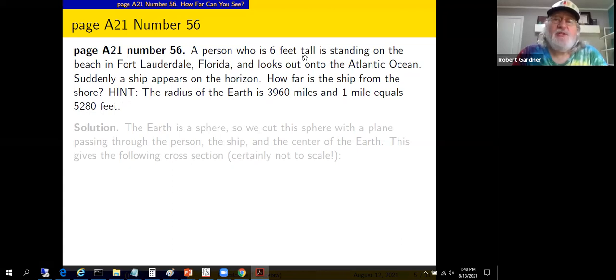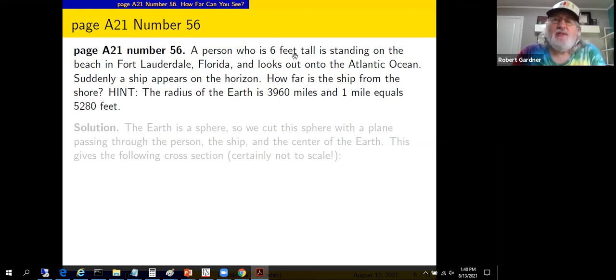So, the person is 6 feet tall. Horizon, Earth. We'll treat the Earth as a sphere. And we'll have to introduce a right triangle because this stuff is all about the Pythagorean theorem. They give us the radius of the Earth, which is an important parameter, but they give it to us in miles.